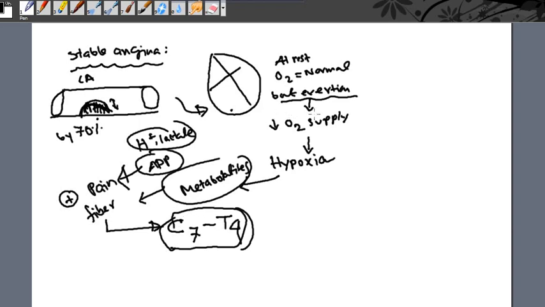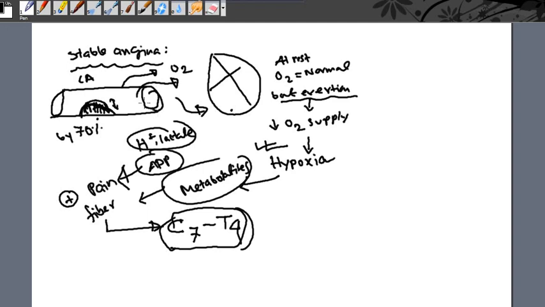So these are some very superficial things about stable angina. Coronary artery is 70% blocked. To relieve angina, one thing you can do is increase the oxygen supply. Why does angina occur? Angina occurs due to hypoxia. So you can increase the oxygen supply, but you cannot increase the oxygen supply in this condition, right?